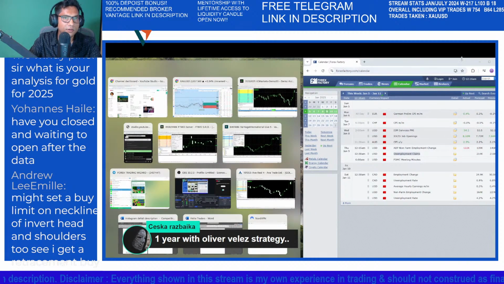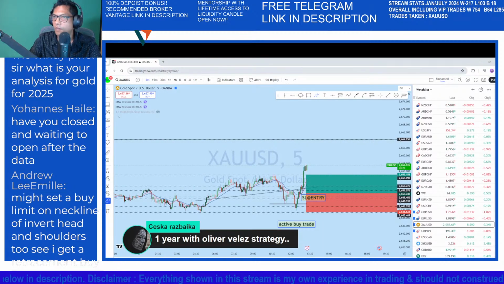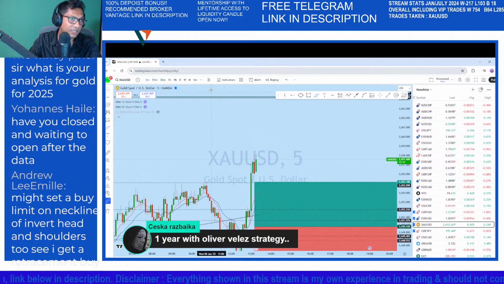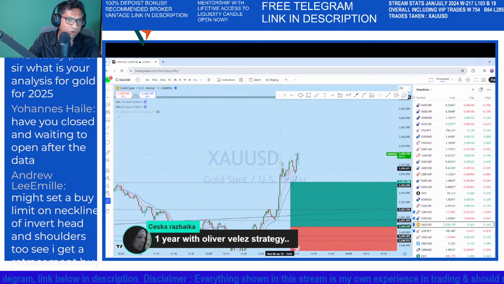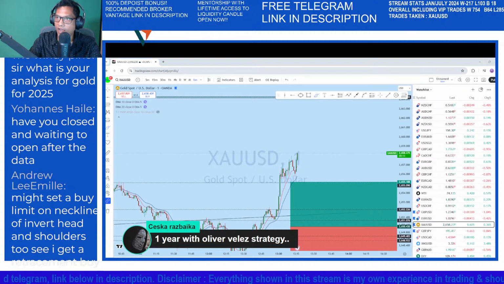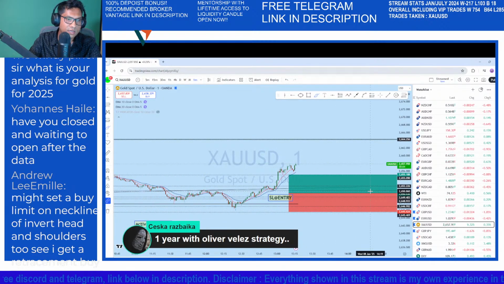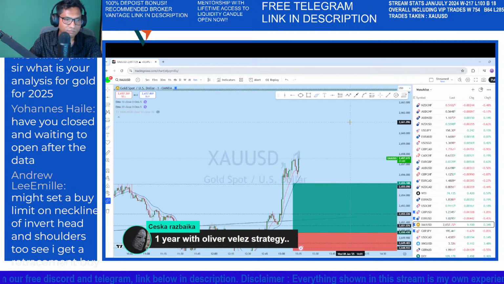So far, we haven't seen much reaction. I think the market is waiting for the next one because the spike already happened, and we might see that the next one gives a very strong momentum. Very good.